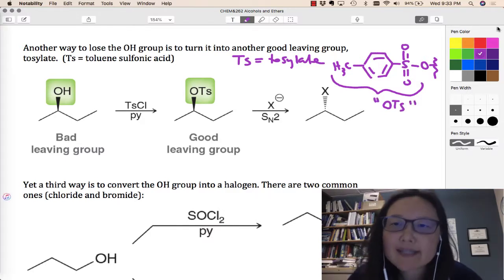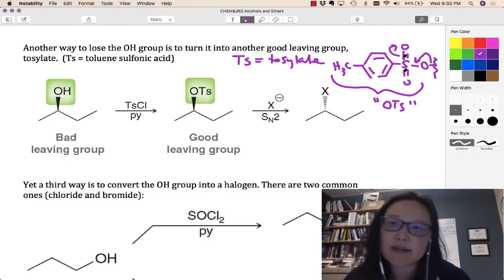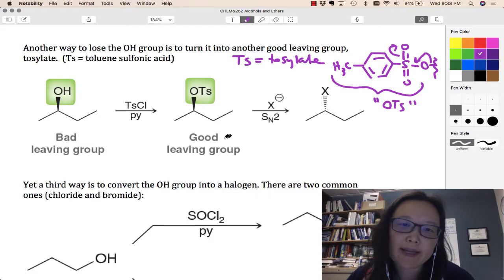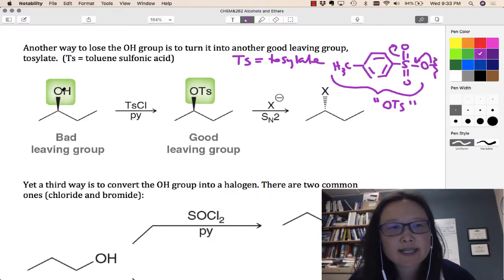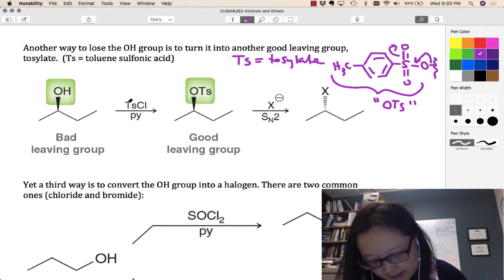All right, now this is a good leaving group because when this O leaves, it's resonance stabilized with the sulfonyl group right here. So if I can convert it to OTS, all I need to do is react it with this toluene group here.